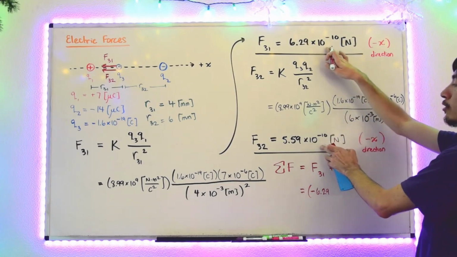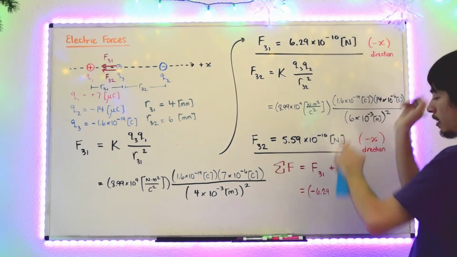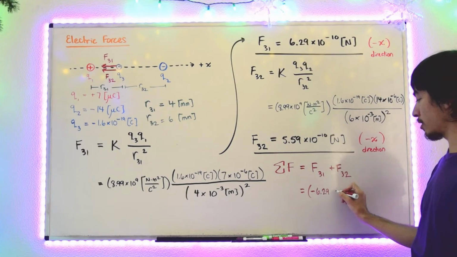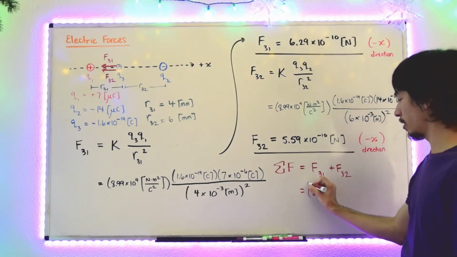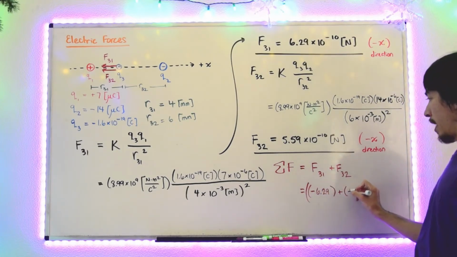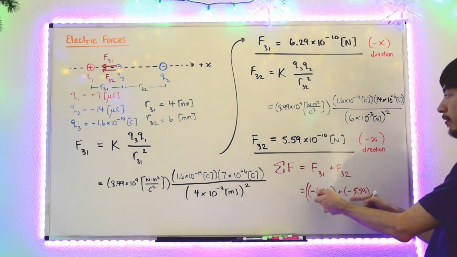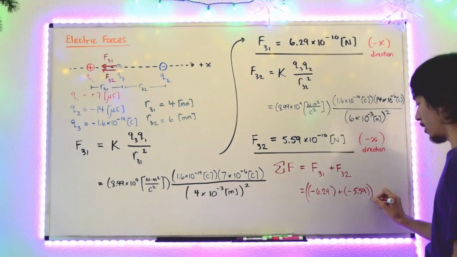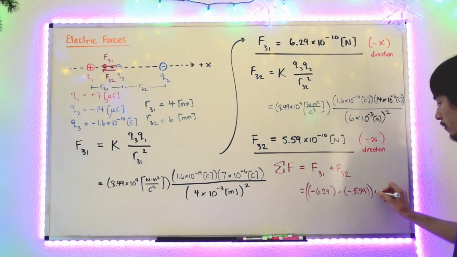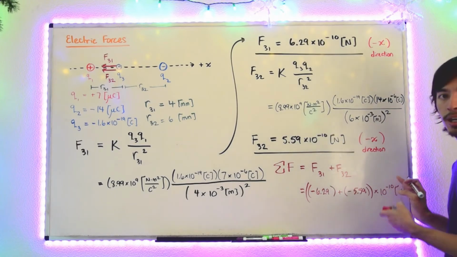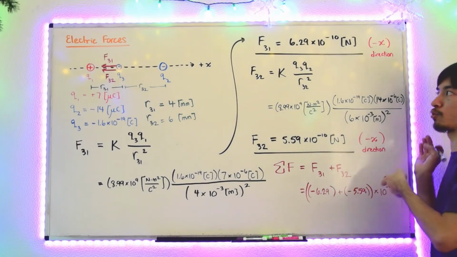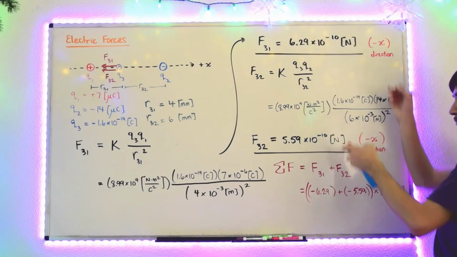So if I factor that power of 10 out of both of them, it's minus 6.29 plus minus 5.59, again, the minuses being from their directions. Put those together, and all of it is times 10 to the minus 10th newtons. That's what I meant by factoring it out and worrying about it later, because they both share the same power.